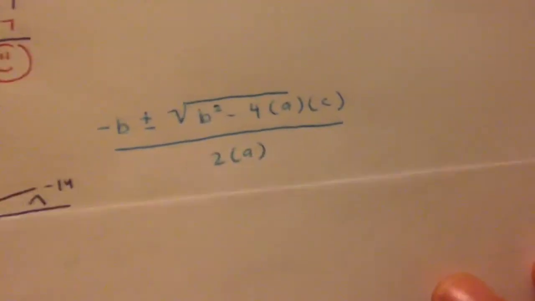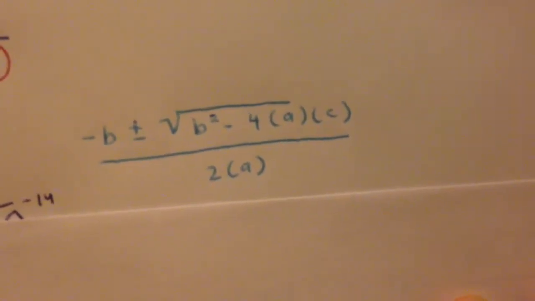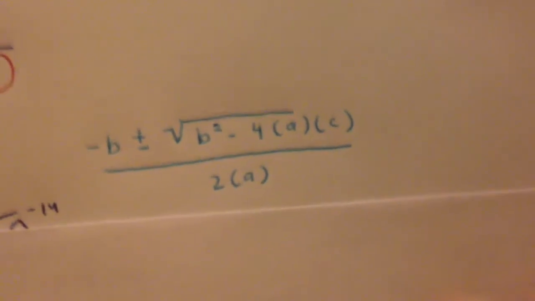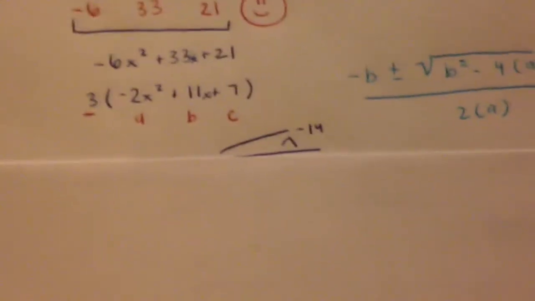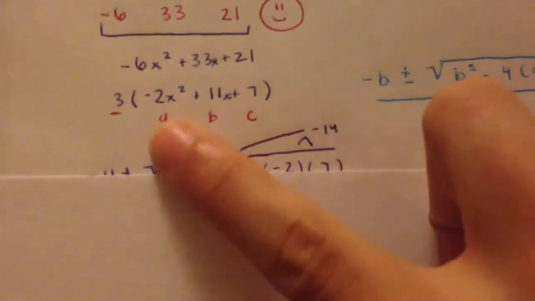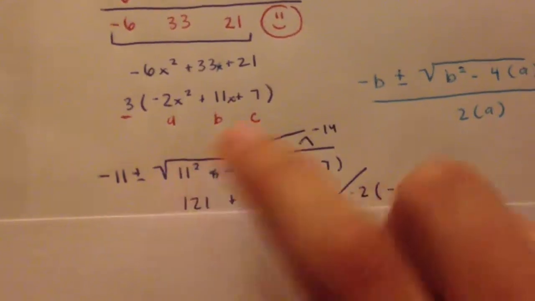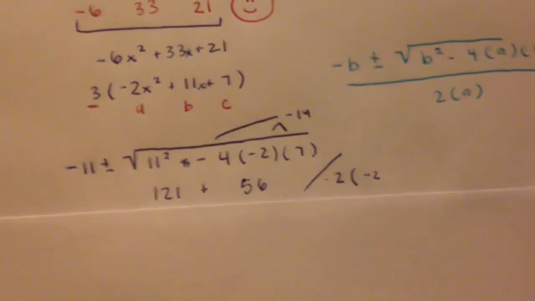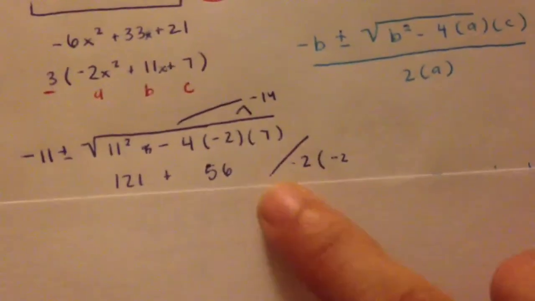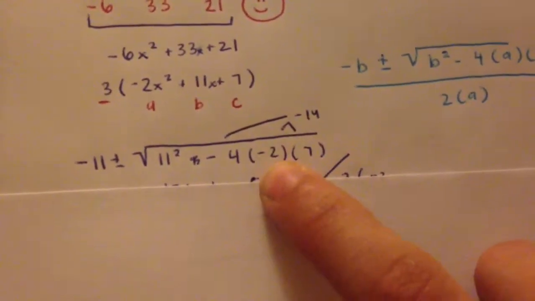I'll show you the quadratic formula real quick: negative b plus or minus the square root of b squared minus 4ac, all over 2a. I labeled these so it's easier to plug into the formula. So negative 11 plus or minus the square root of 11 squared minus 4 times negative 2 times 7. 7 times negative 2 is negative 14.